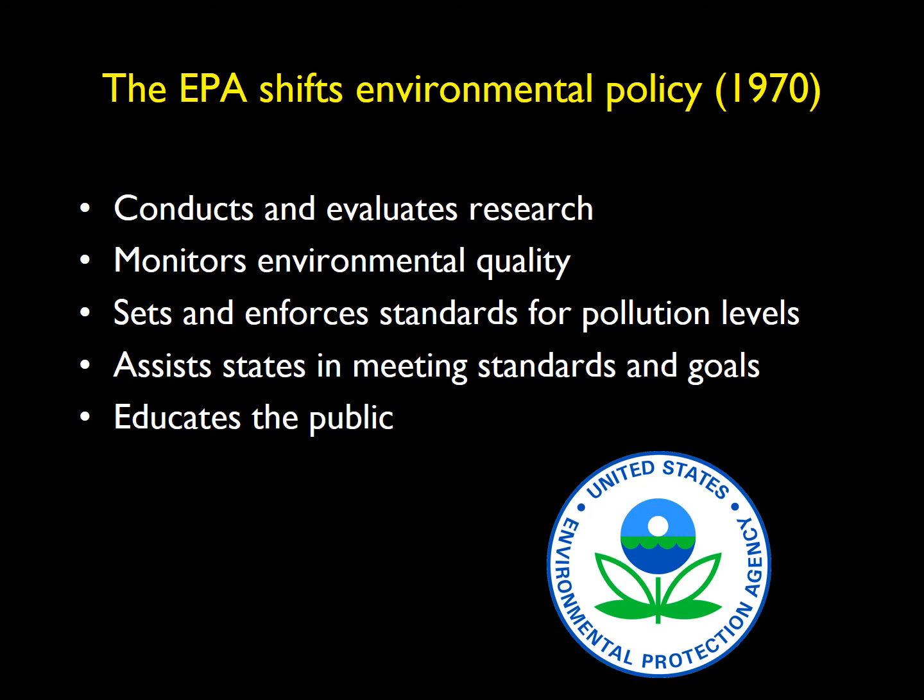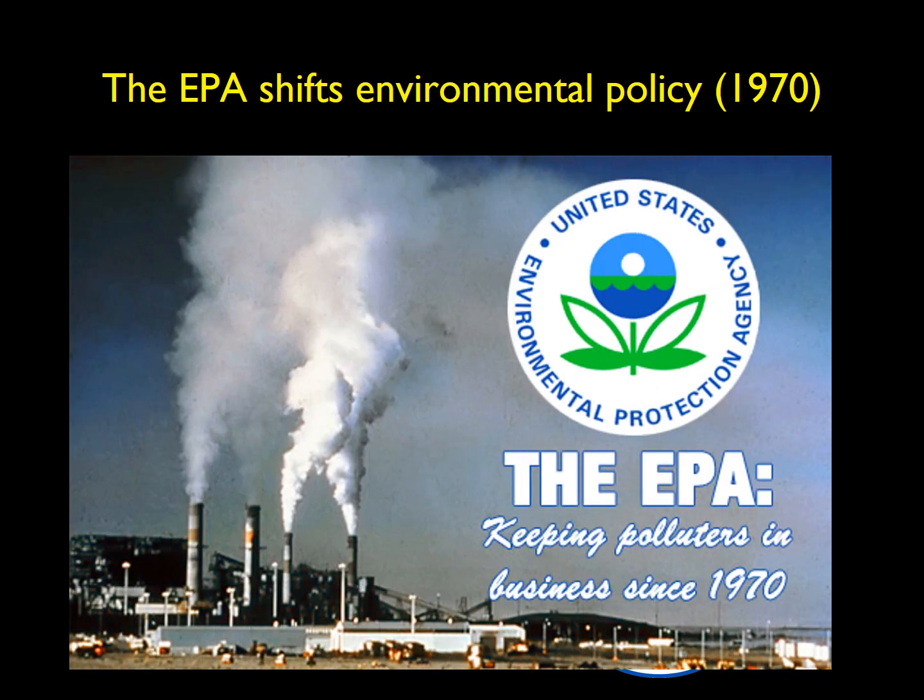And so because of that, they kind of have a bad rap. This little, what would you call this, a meme, I guess, says the EPA keeping polluters in business since 1970. Because the idea is if you come in and you shut down a factory that's polluting immediately, there's going to be job loss, it's going to have an economic impact.